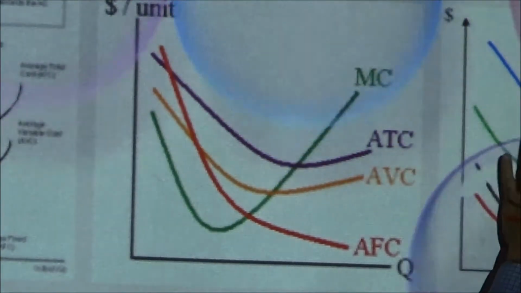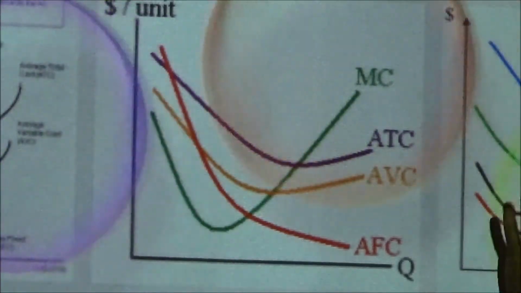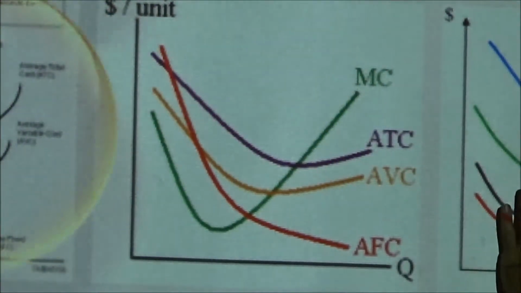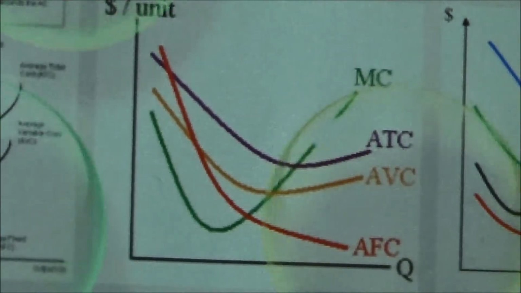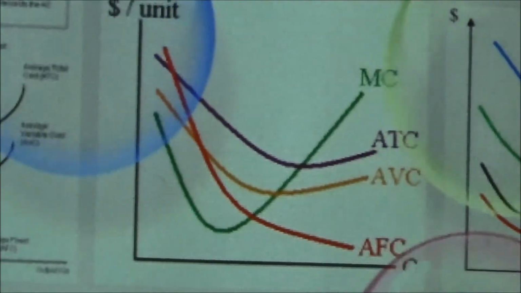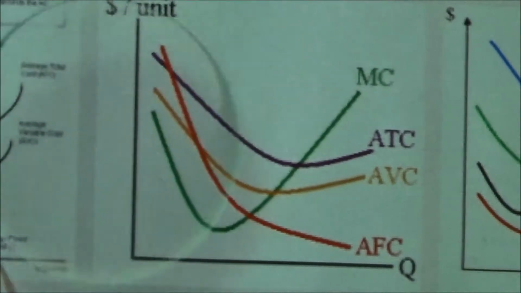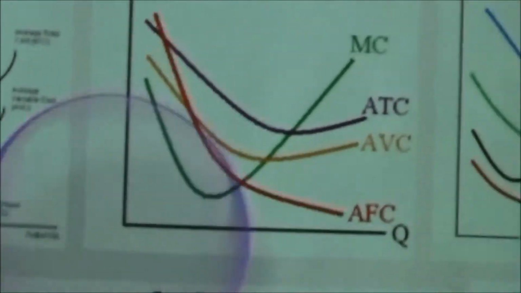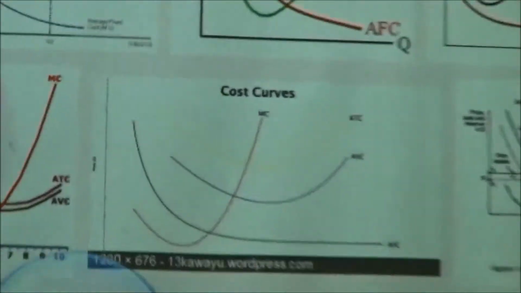See, everybody's drawing it the same way, right? No matter who's drawing the graphs, this is the same thing I just did. It's a little bit neater and a little bit more color coordinated, but it's the same thing. No matter where you look, they're always going to be the same. Here's your average variable, here's your marginal cost that swoops through.